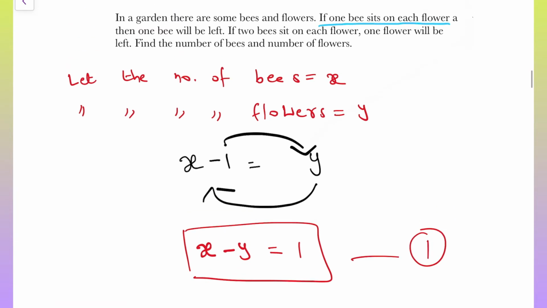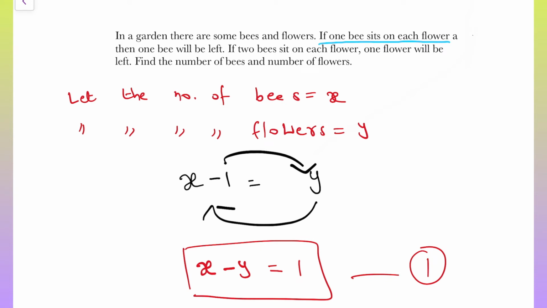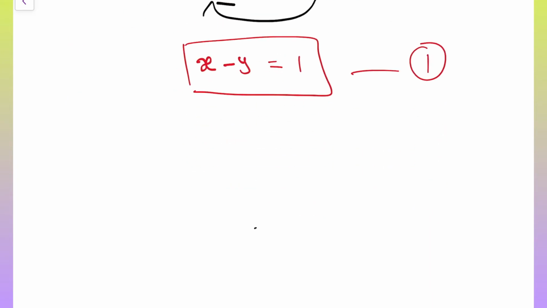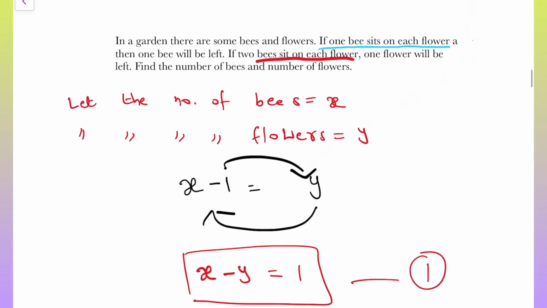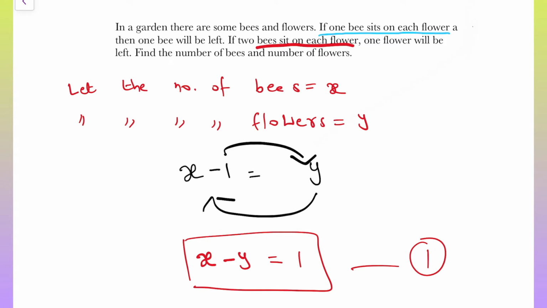Next, coming to the second condition. If two bees sit on each flower, I repeat, if two bees sit on each flower, observe here: the number of bees is equal to double the flowers, because two bees are sitting on a single flower, and one flower will be left.